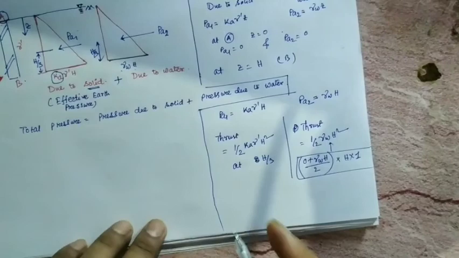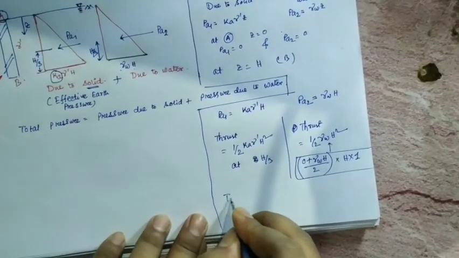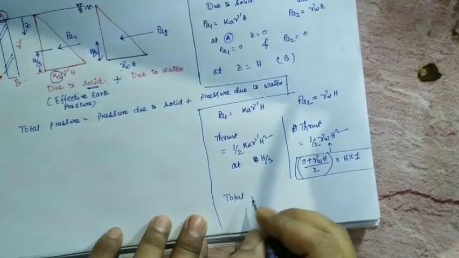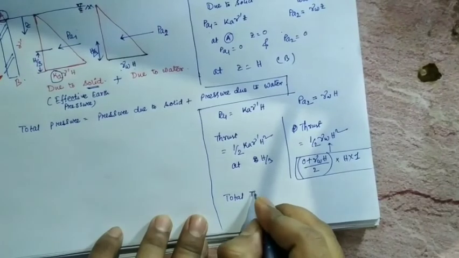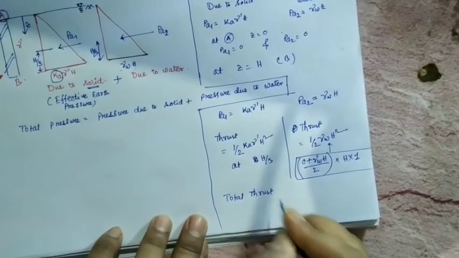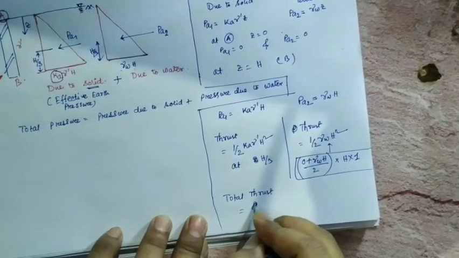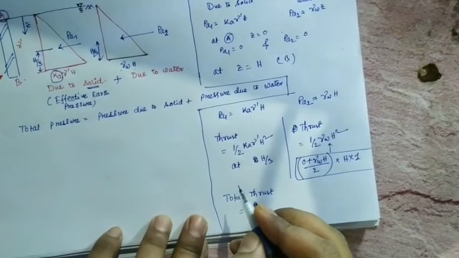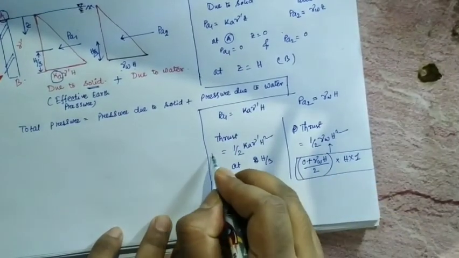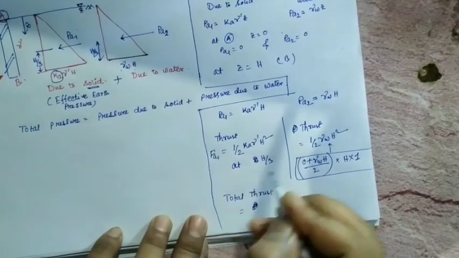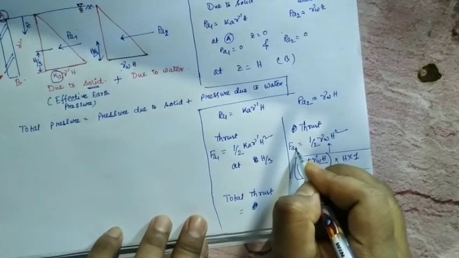So total thrust then, total thrust will be P. Suppose I symbolize them as Fa1 and Fa2.